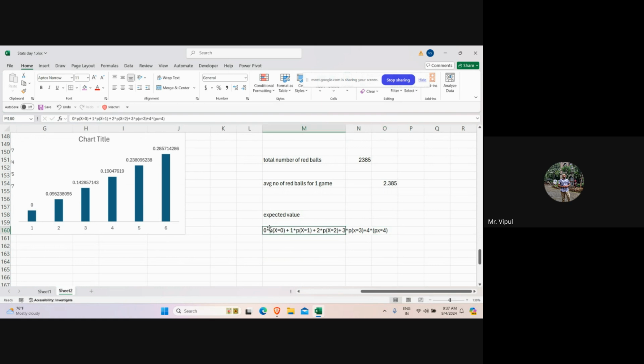So this becomes your formula for expected value.